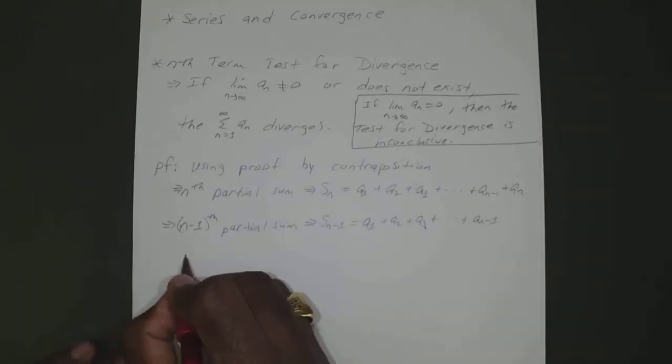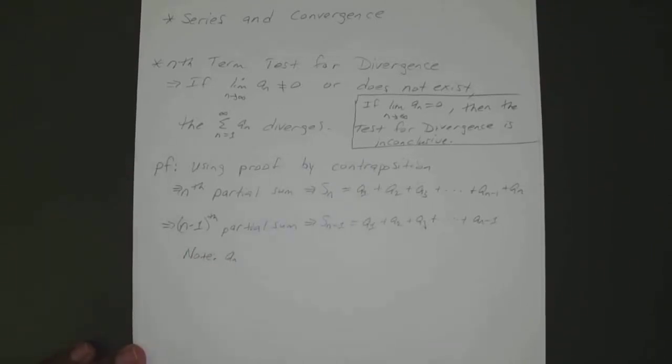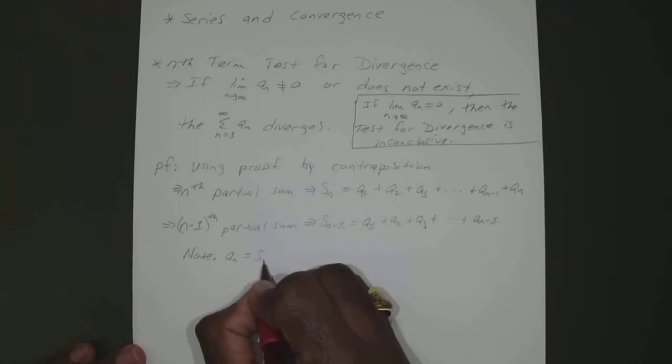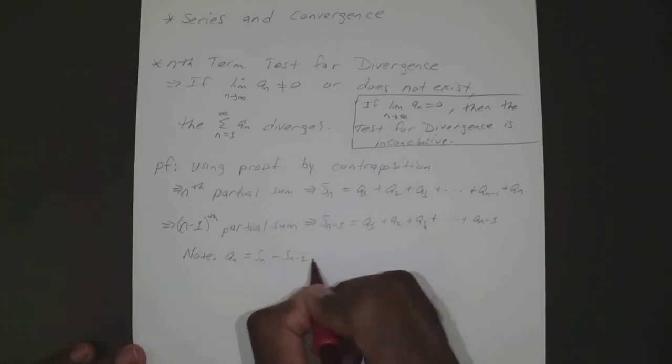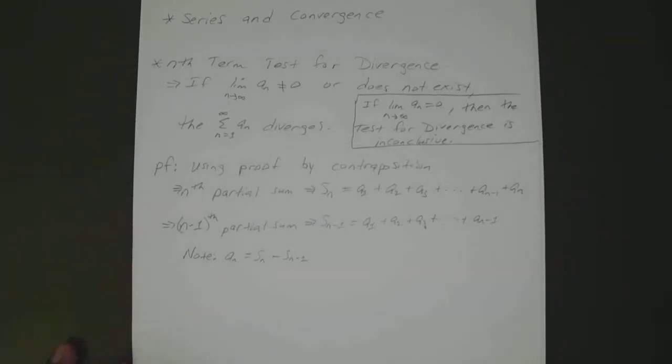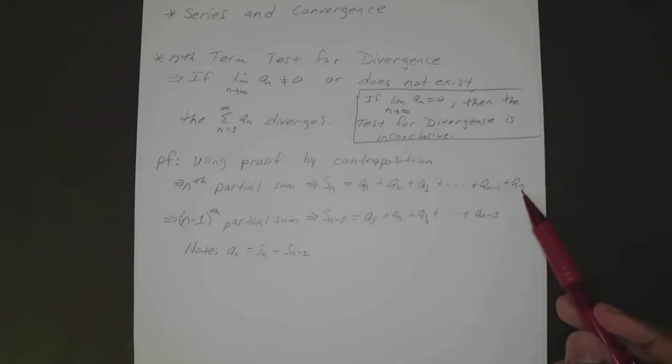Note that your a sub n is equal to your nth partial sum minus your n minus 1 partial sum, because if you subtract, your a1, your a2, and everything else cancels except your a sub n.